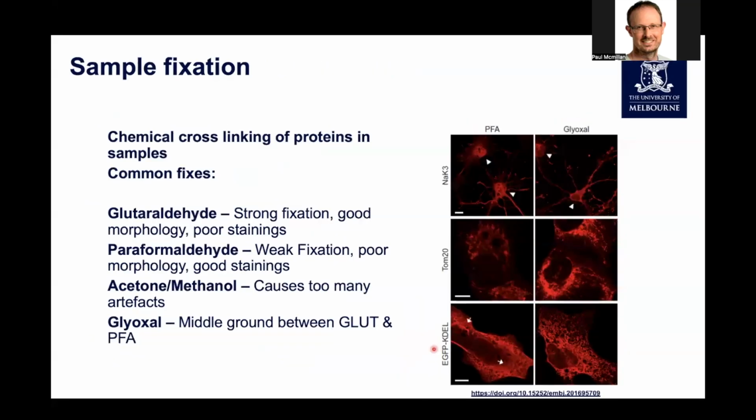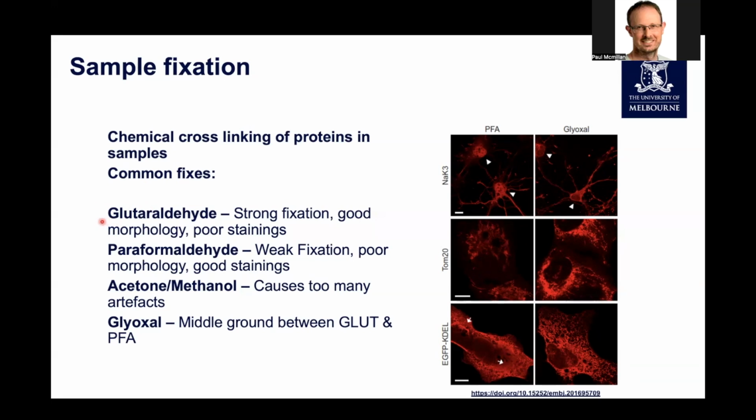In terms of fixed sample experiments, we'll go through a few of the different options here. What we're doing when we're performing sample fixation is essentially chemical cross-linking of the proteins within your samples. There are a few here which are commonly used fixations, with some examples in the image on the right-hand side there.